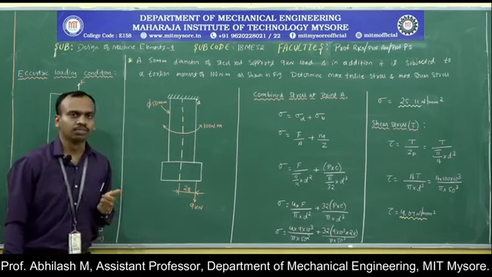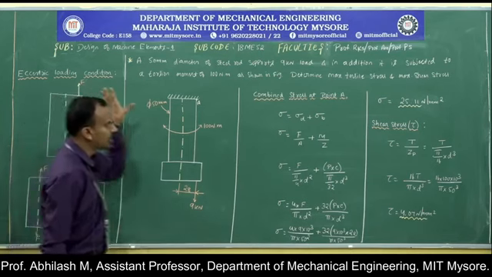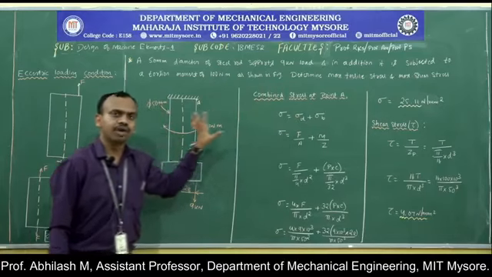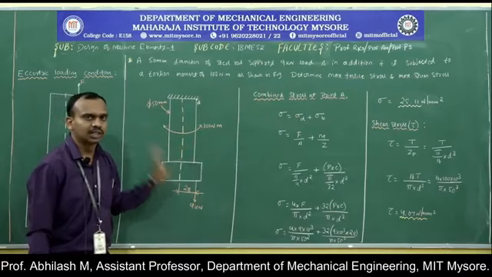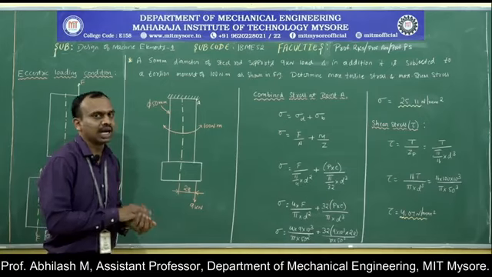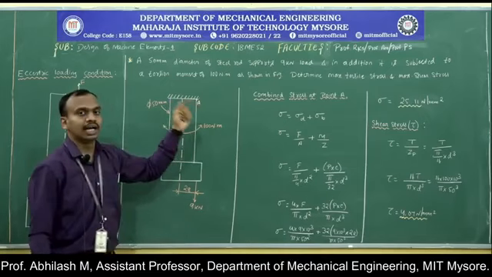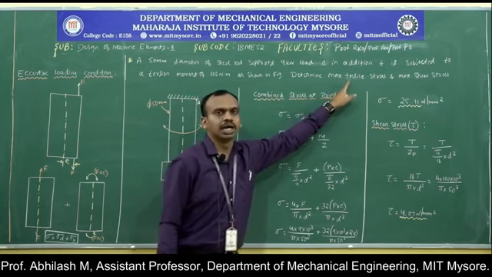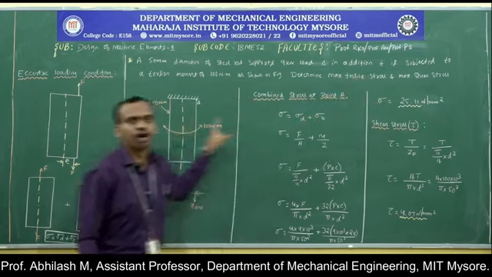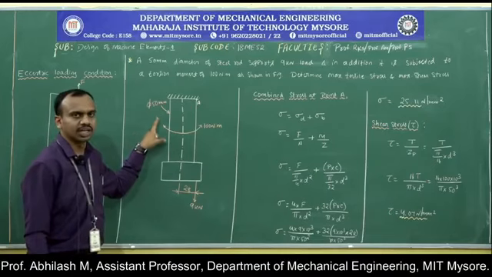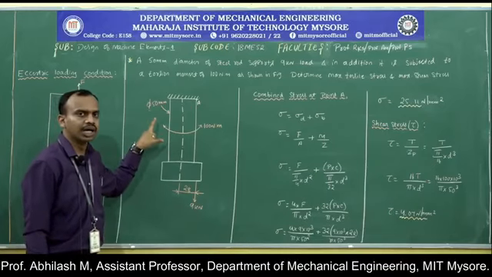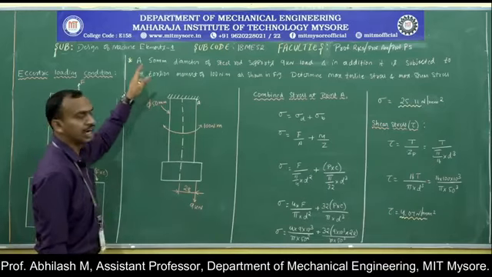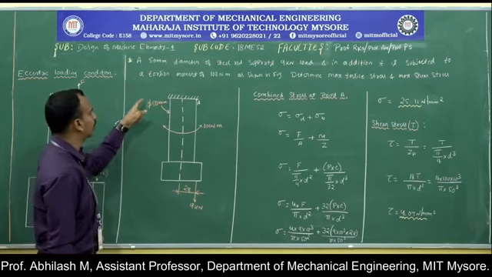In the previous problem, the problem was given in the form of a statement and we wrote the sketch, whereas in this problem they have given the sketch and all the data, and they are asking us to calculate specifically the maximum tensile stress and the maximum shear stress for the given figure.